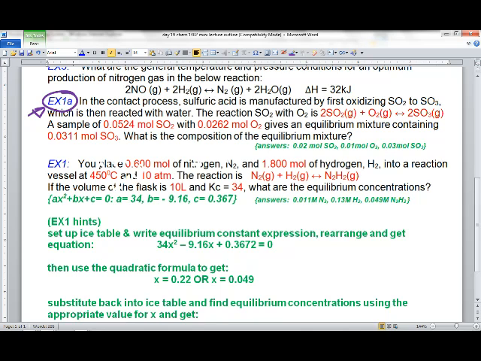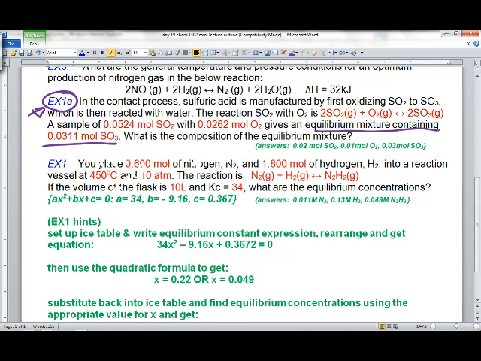Now, there's an easy way to find the X, and there's a hard way to find the X. The easy way to find the X is when they give you what one of the answers are. What one of the E, in the E row, of all the reactants and products listed in your ice table. If you look at this first question right here, they tell you equilibrium mixture containing this.